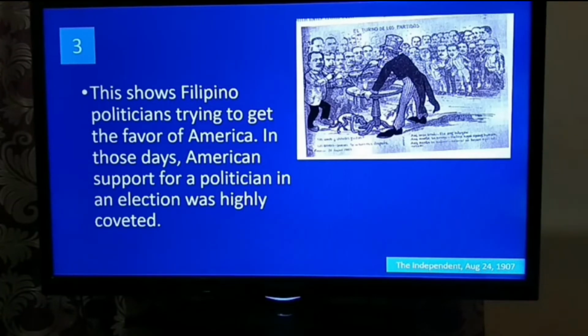Our politicians are courting influential people like religious leaders, so that the religious leaders would endorse their candidacy among their flock. In the American colonial period, it's not the religious leaders, but it was the American leaders whom the politicians would like to befriend and get their nod for their endorsement.